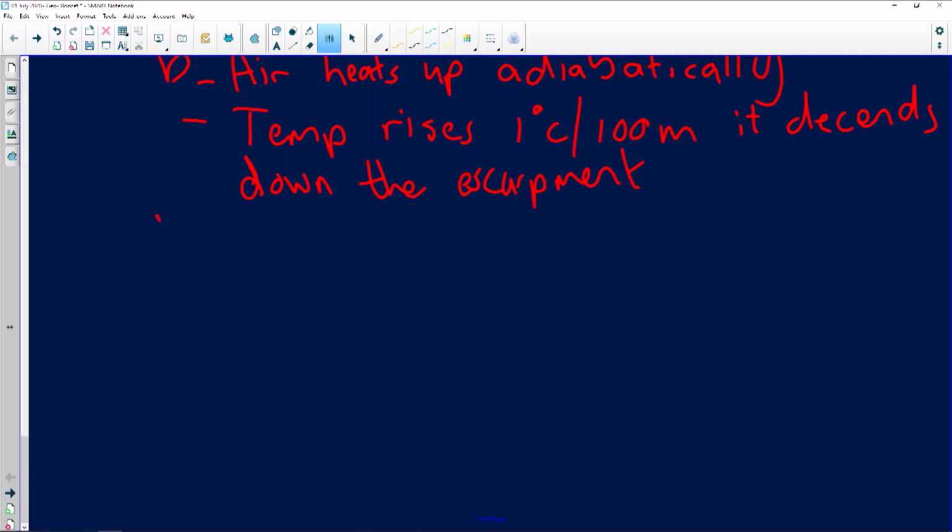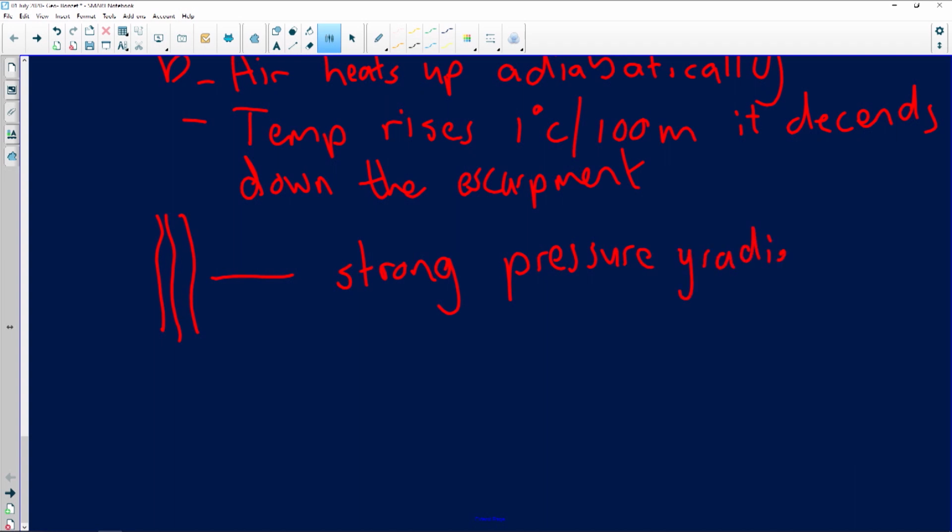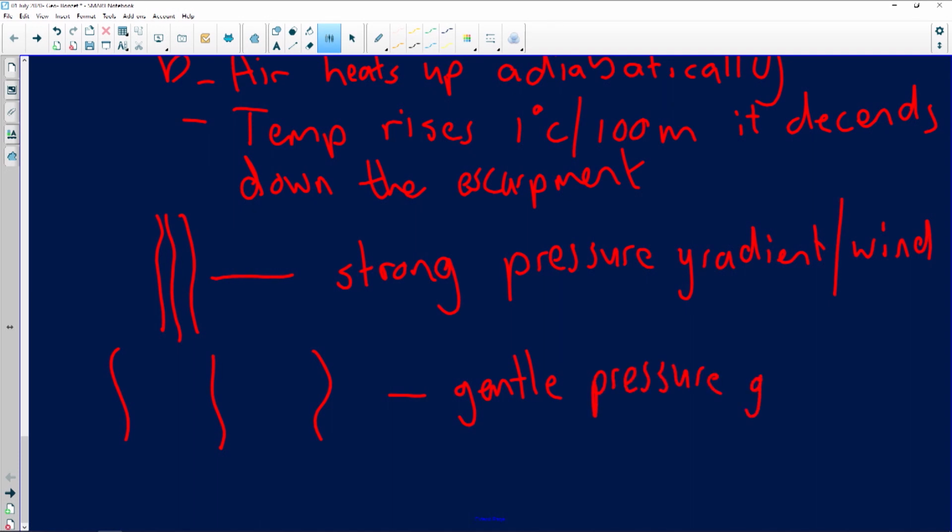So, if the isobars are close, we have a strong pressure gradient. So I'm just going to write there, the winds are going to blow very fast. If the isobars are far from one another, we say it's a gentle pressure gradient.